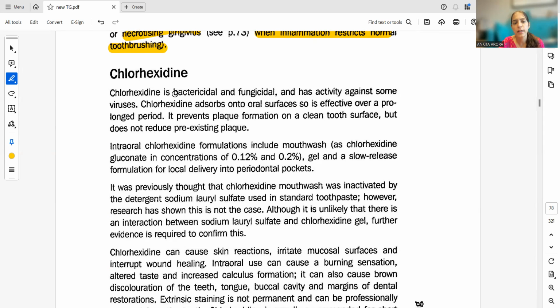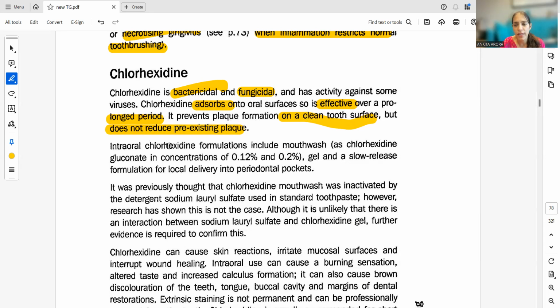This is bactericidal and fungicidal and has activity against some viruses. Chlorhexidine adsorbs onto the oral surfaces, so it is effective over a prolonged period. It prevents plaque formation on a clean tooth surface, but does not reduce pre-existing plaque.